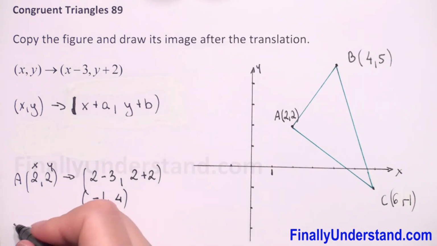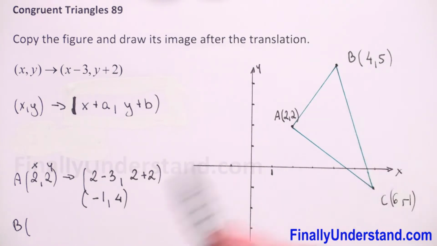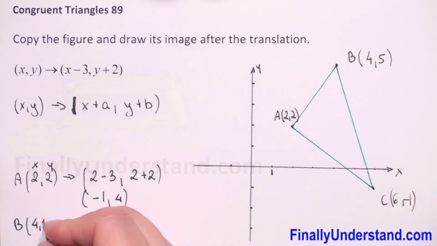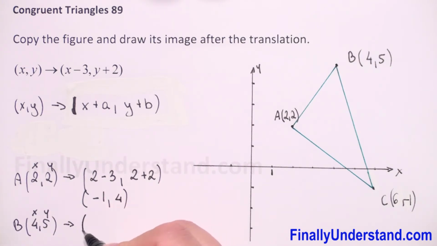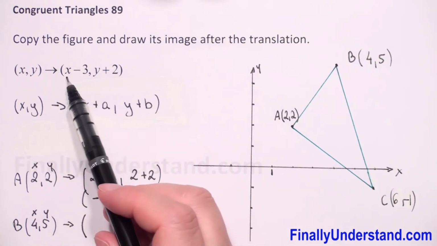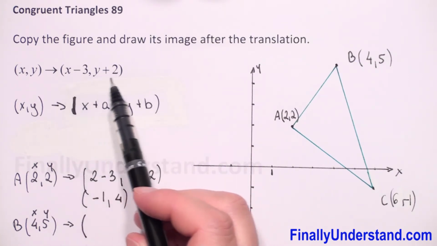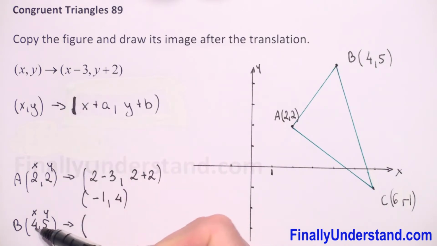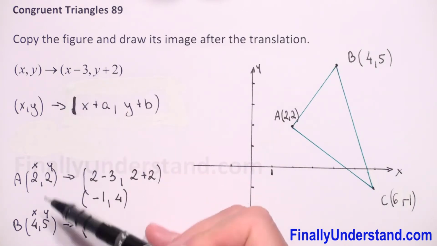Next, point B has coordinates (4, 5). First coordinate, second coordinate. So after translation, what will it be? We have to substitute into our formula x by 4 and y by 5.